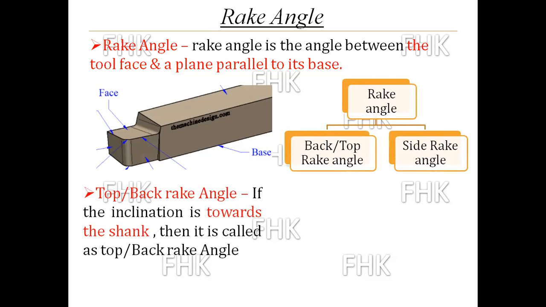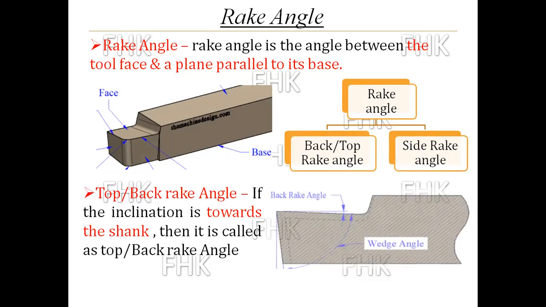For the top rake angle, if the inclination of the face is given towards the shank, this is the shank, so if the face is inclined towards the shank, then it is called top rake or back rake angle.